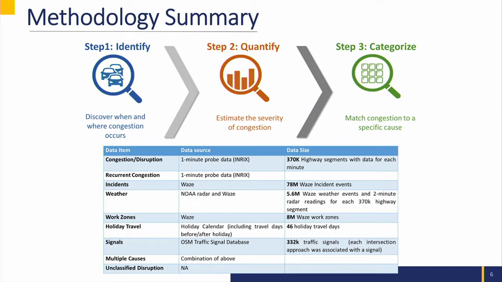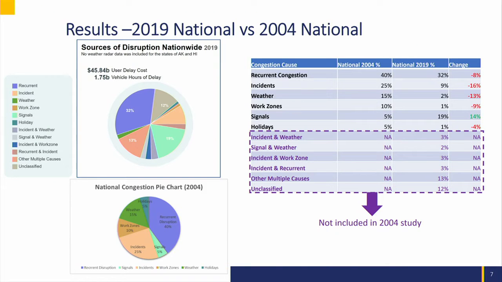We also have a category, and this is different from the 2004 study, for multiple causes. So it could be a combination of 2 or more of any of the above listed causes. And then we also have one for unclassified. Again, we're using real world data. We're not simulating anything. And there are cases where we would detect congestion, but weren't able to attribute it to a given source based on the data that we had available.